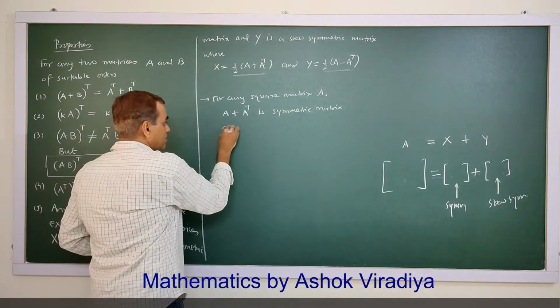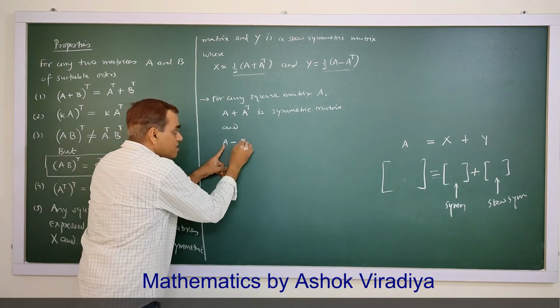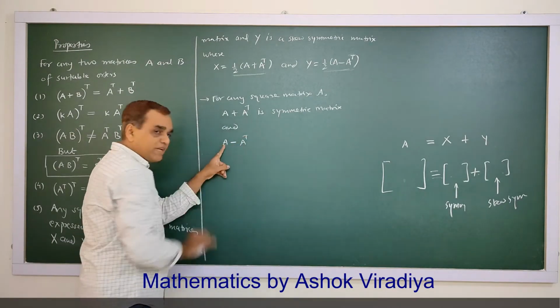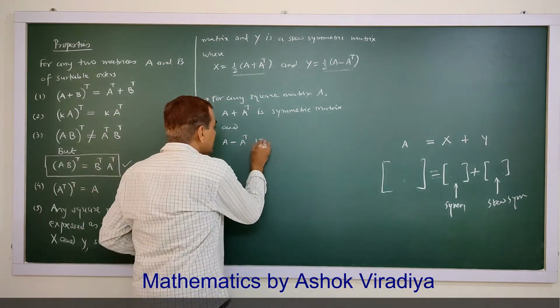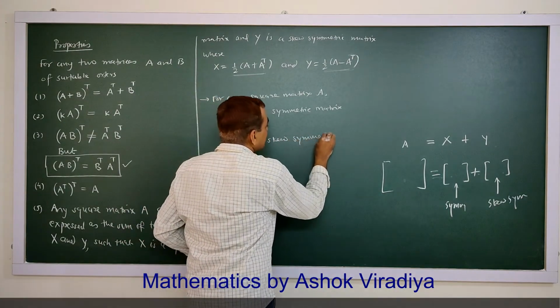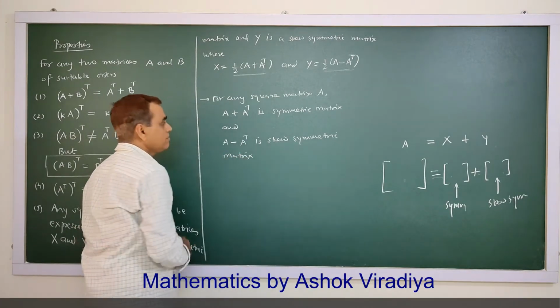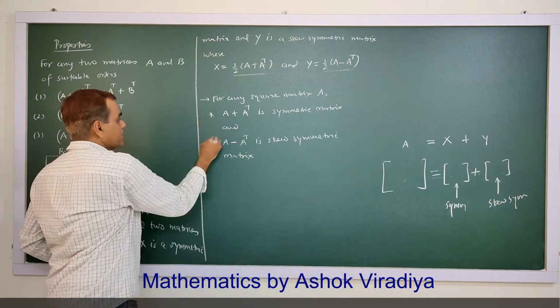And if you subtract its transpose from A, then this is always a skew symmetric matrix. Remember these two statements.